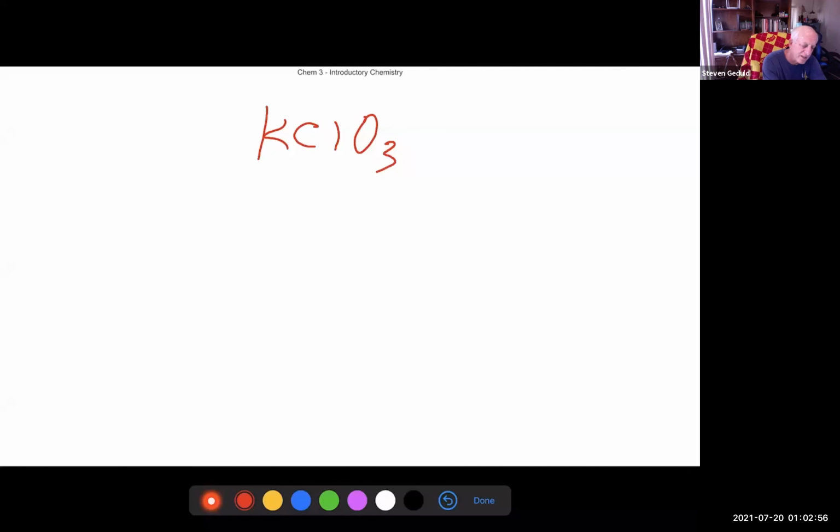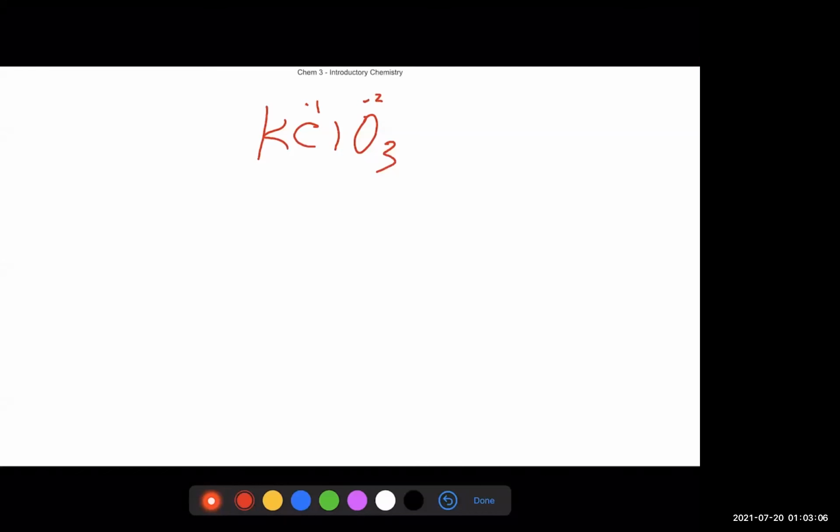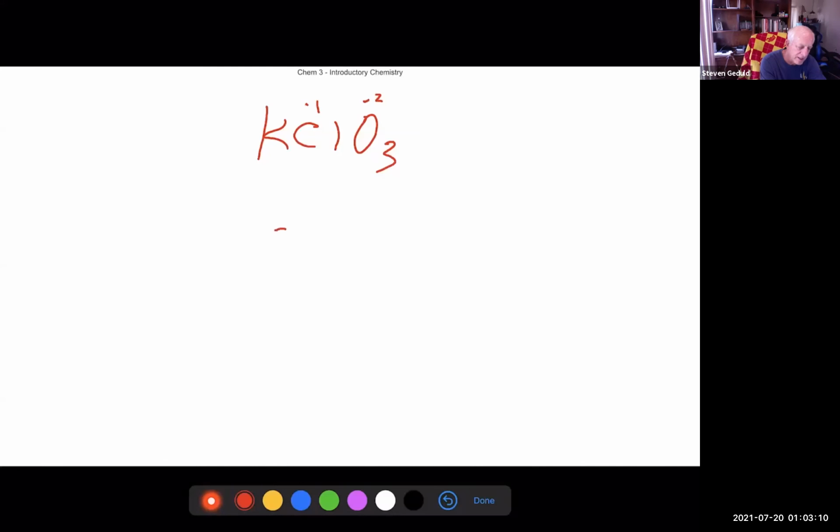No. Oxygen is -2. That's your first one. Okay. And then chlorine is -1. Then you solve for K. It's, so which is +1. No. It's -6, -1, plus whatever K is has to equal 0.